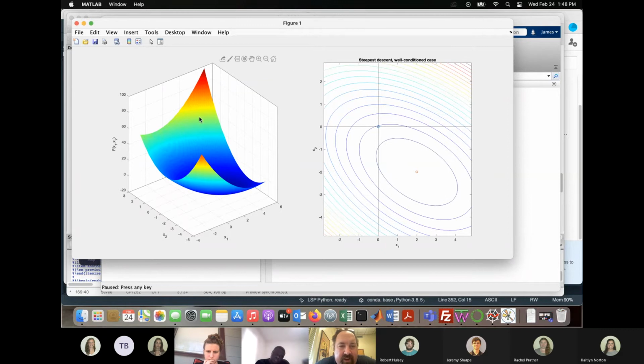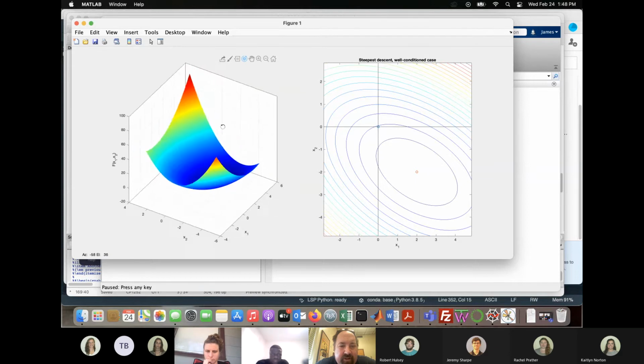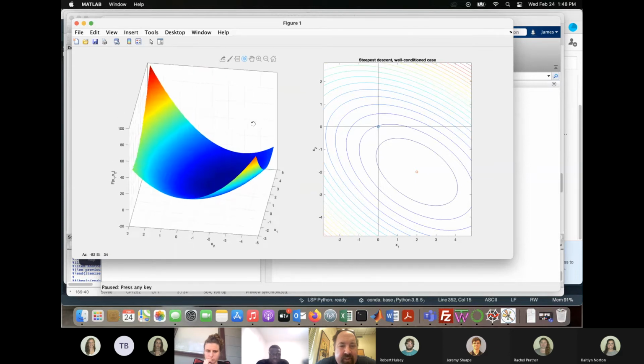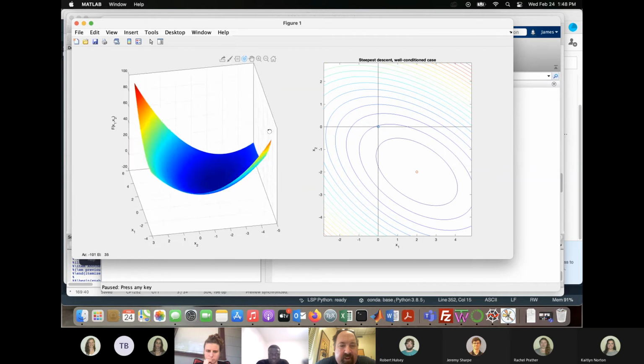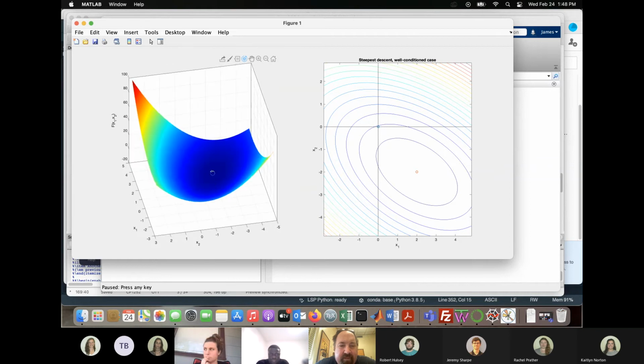Now, what I have here is a plot of a function phi of x, because we're trying to find a minimum. If I turn this graph around, you can see that there's a minimum down at the bottom, which is where the exact solution is.